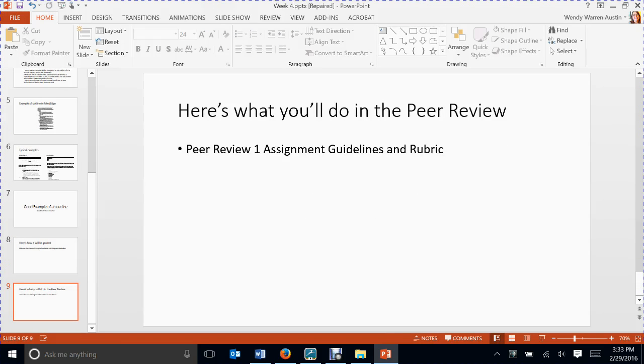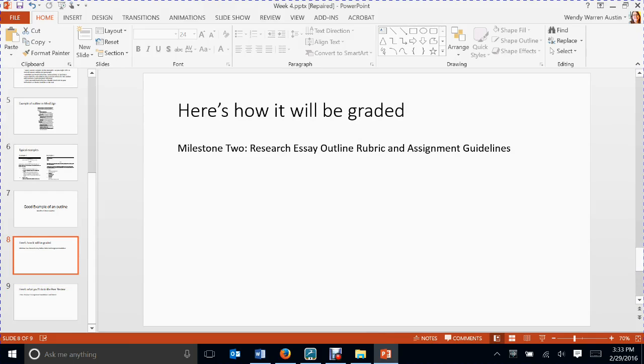Now, another handout that you need to print out and look carefully at is the rubric and assignment guidelines for the outline, because if you look at it, it does say that you need a complete thesis, and your introduction needs to contain the thesis, and main points 1, 2, and 3 need to have a topic sentence, supporting evidence in it that relates to the topic sentence.